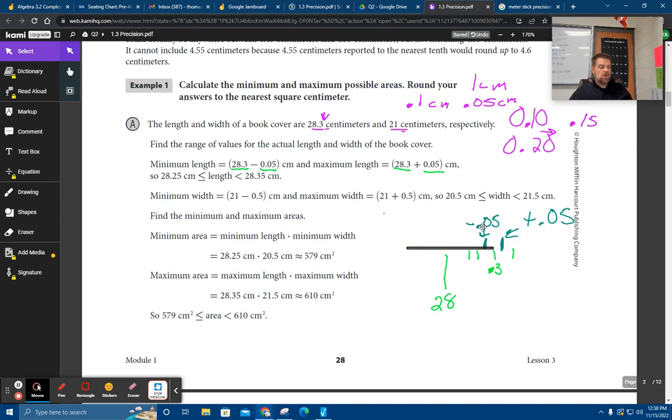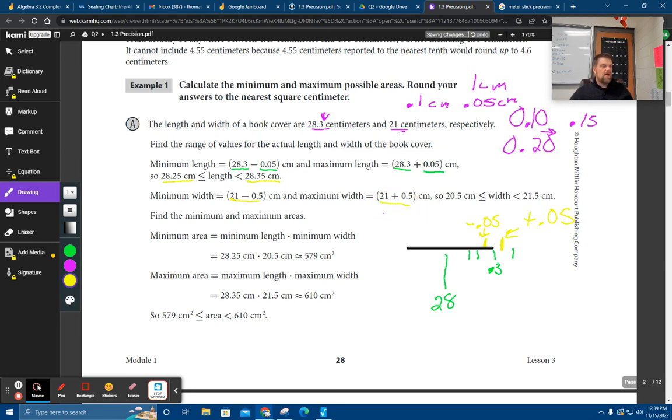That in between point is going to be my negative 0.05 or my plus 0.05. So when we do the math on that, I get 28.25 or I get 28.35. Now, for the minimum length on the other one, I'm going to do the exact same thing. I'm going to either subtract 0.05 or add 0.05.